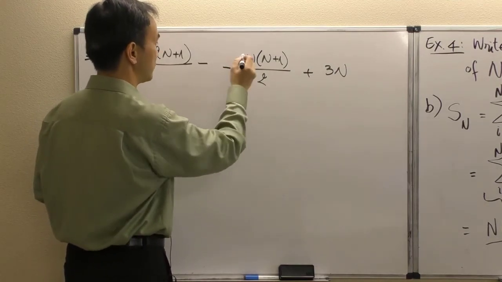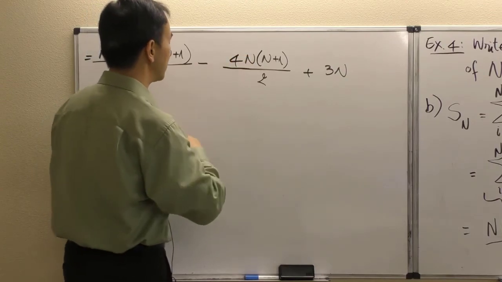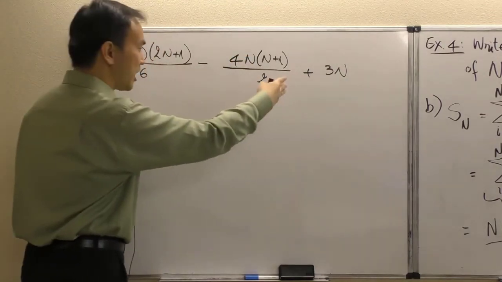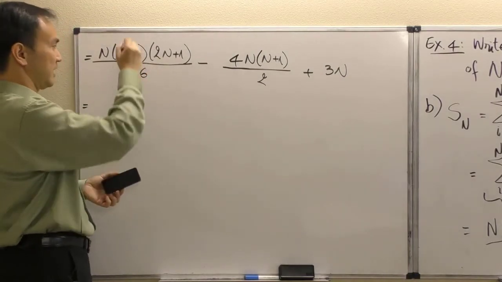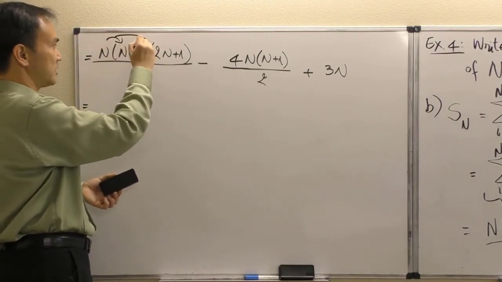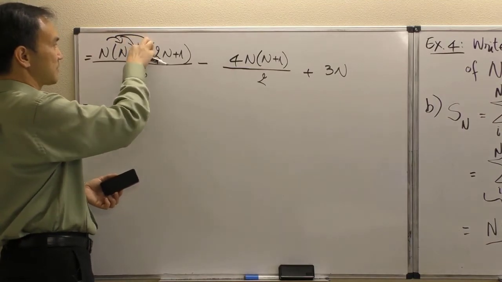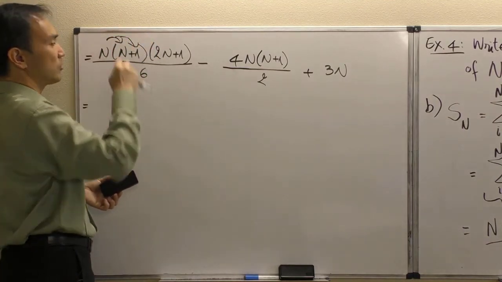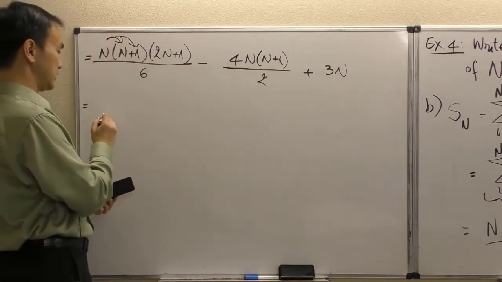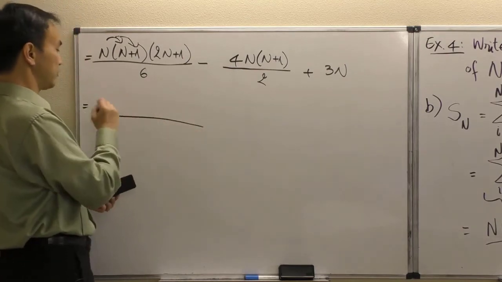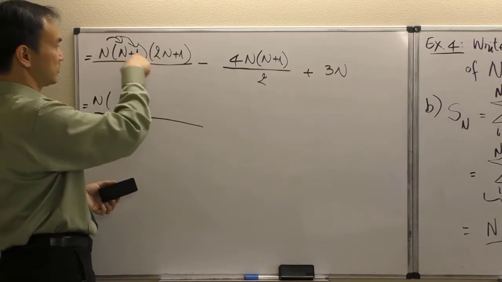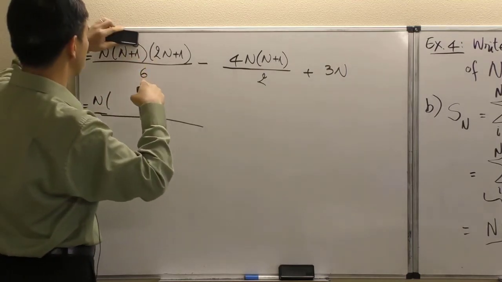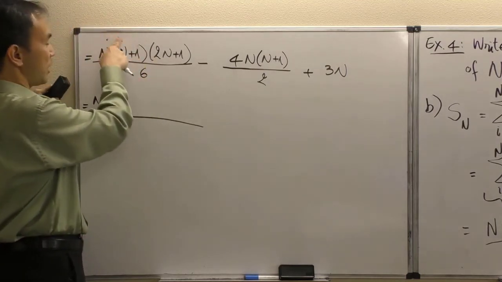I'm going to write it as 4 times 2, but make a common denominator because we have fractions here, and also distribute the terms. We're going to multiply out, foiling out the terms. The first one is going to be n times, foiling out these two factors, the n plus 1 and the 2n plus 1.